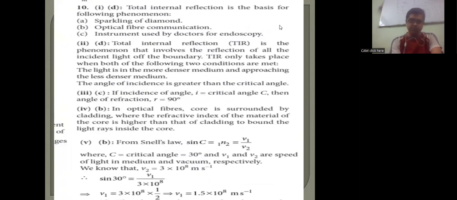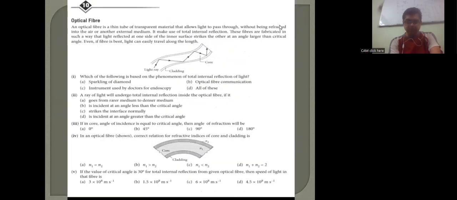Now come to question number 3. Question number 3 says if in core angle of incidence is equal to critical angle, then the angle of refraction will be.